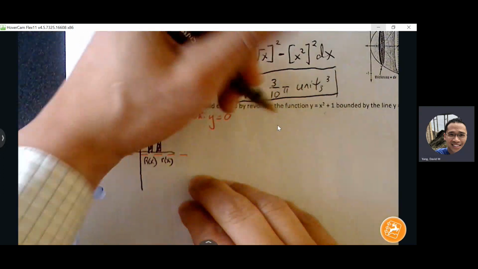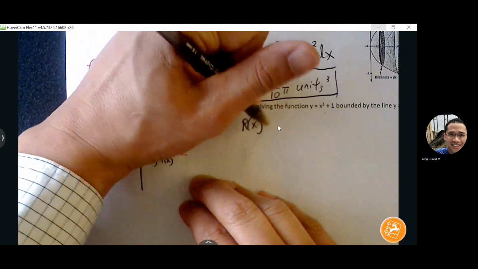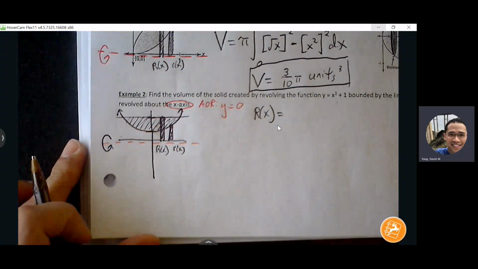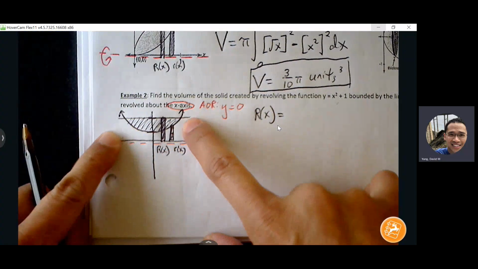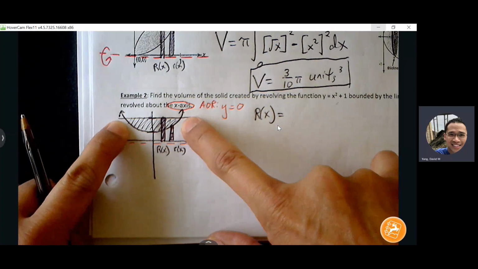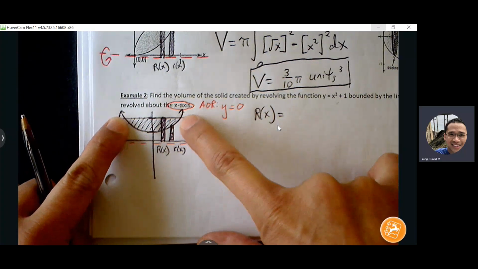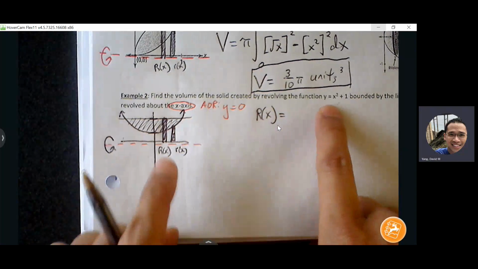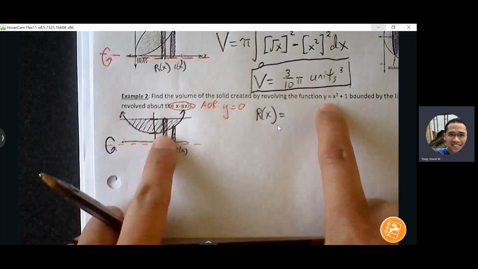Okay, so let's build our big radius. Oh, I'm sorry, we should find the bounds first. So the bounds, we can't really tell by looking at the graph. So what can we do to find these boundaries here? Good, we set the line equal to the curve.